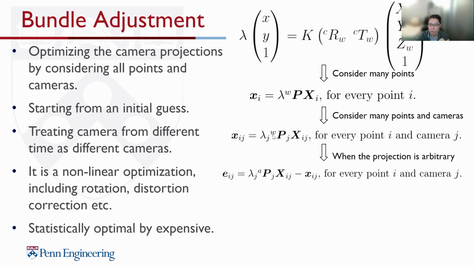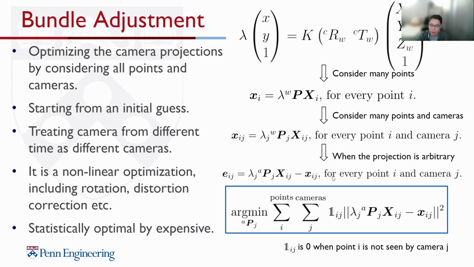So this is with the perfect ones. If the projection is not perfect, if it's an arbitrary projection, then there would be an error term between this arbitrary projection from the world frame and the actual pixels. And that's it.